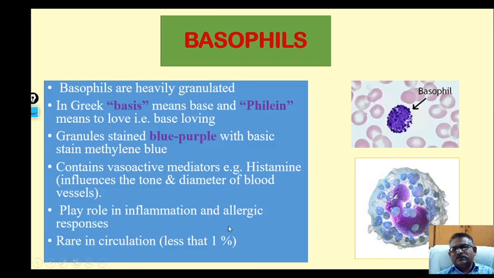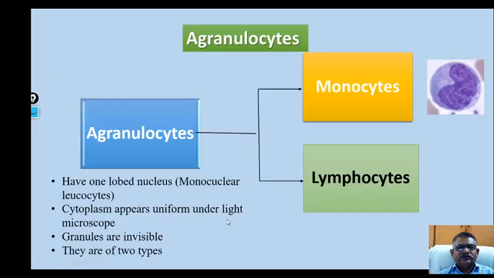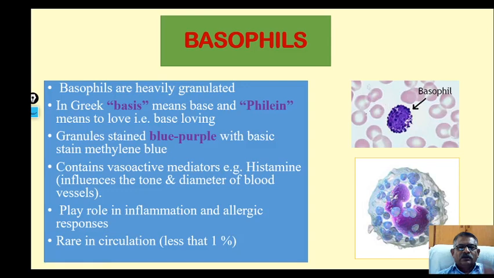It contains vasoactive amines, as I stated, like histamine, which influences the tone and diameter of the blood vessel and plays a very important role in inflammation and allergic response.